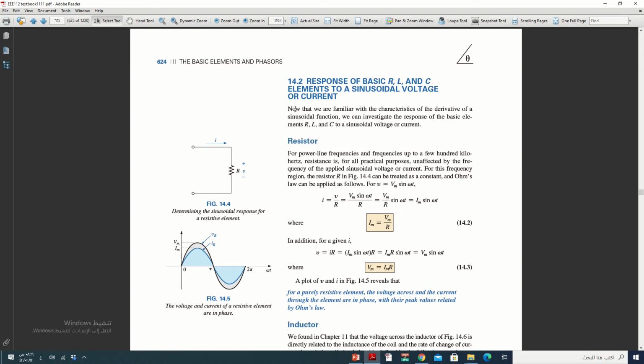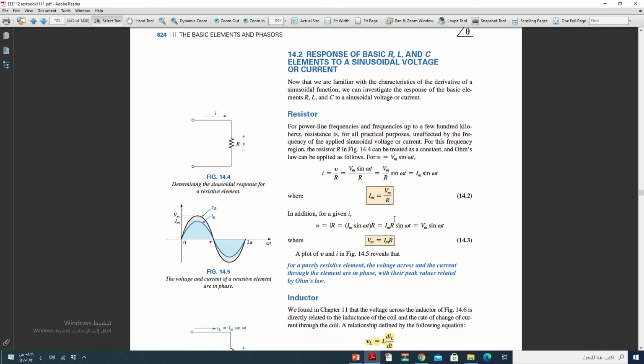14.2 talk about the response of basic R, L, and C elements to a sinusoidal voltage or current. If you remember from the last lecture, when we write current or voltage with a small letter, this means we need to write the voltage as a sinusoidal expression.